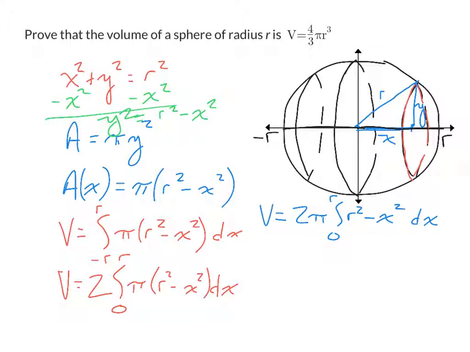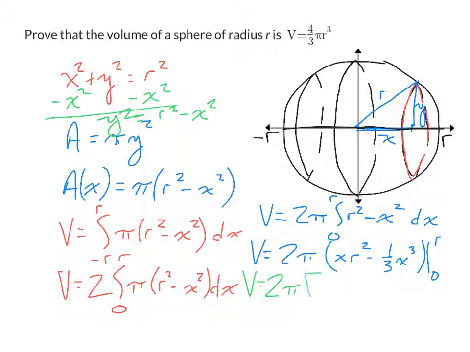And so our volume is 2 pi times, and we integrate. r squared is some constant, so it's x times r squared minus 1/3 x cubed evaluated from 0 to r. And so continuing on, our volume is 2 pi times, and we'll plug in r for our x, so it's r cubed, r times r squared makes r cubed, minus 1/3 r cubed, minus, and then when we plug in 0, we're just going to get 0.